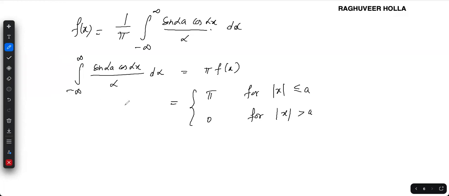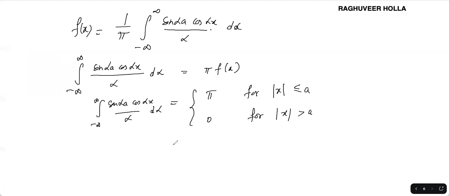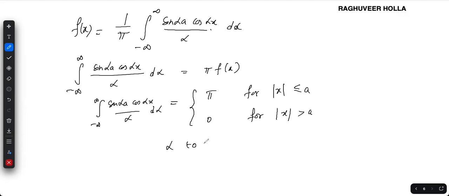Now we got this result, that is, integral from minus infinity to infinity of sin alpha a cos alpha x by alpha d alpha. Now let us interchange alpha and x.